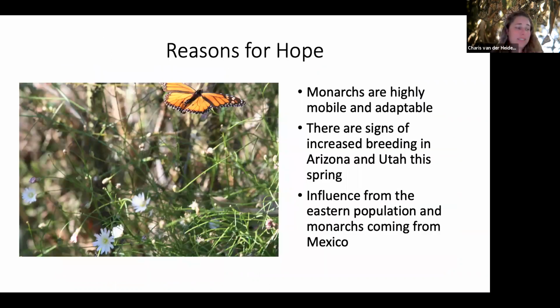Okay, this is heavy stuff, but I think there are still reasons for hope. I think we can find hope in evolutionary biology. Monarchs are a highly mobile, highly adaptable species.